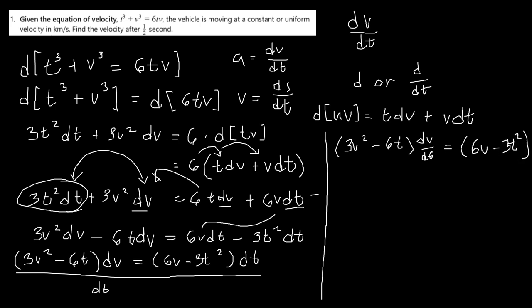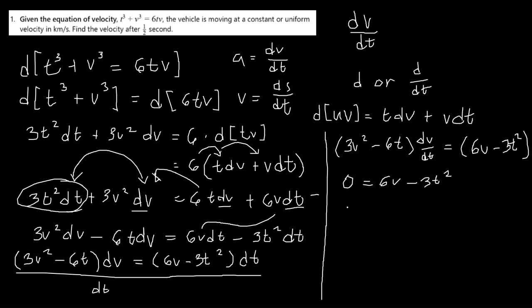Okay, now we can set dv over dt to 0 because it's moving constantly. Therefore, if we multiply this with 0, then the whole left side is going to get cancelled out or turn into 0, right? So you will be left with 6v minus 3t squared equals 0. Then we can manipulate this to find v, right?